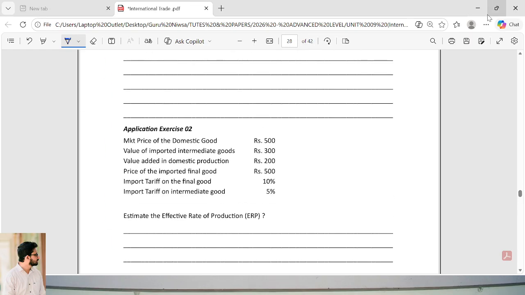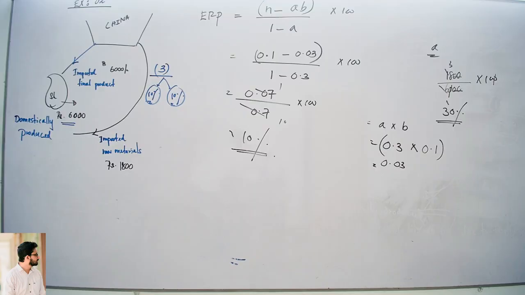Time is 4:10. Do you have a class? There's a small part to complete. No, sir. Shall I take another 30 minutes? Okay, sir. Then we can complete the graphical representation as well. That is the end of protectionism.